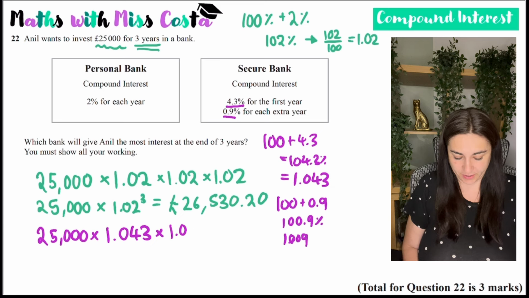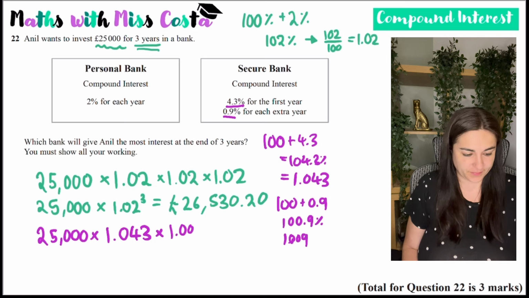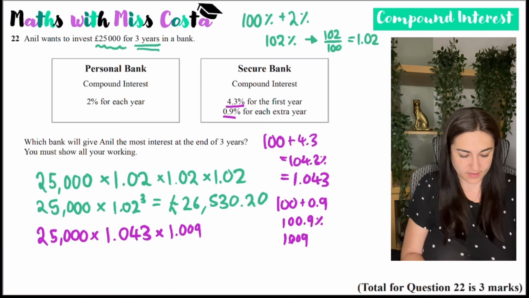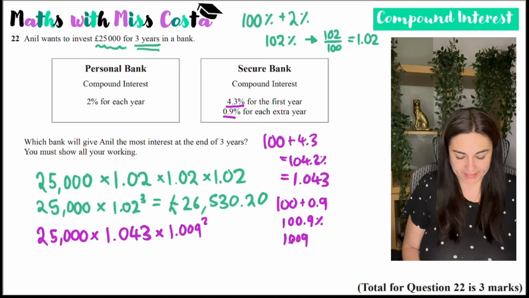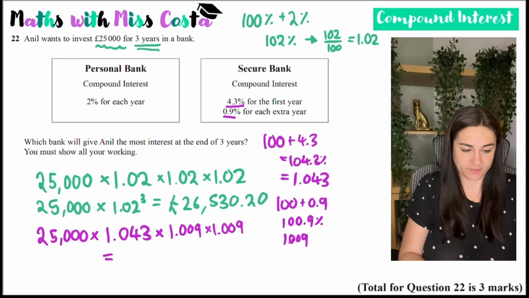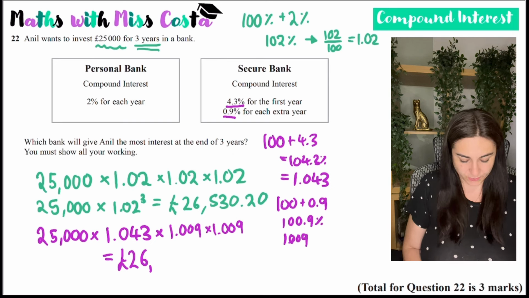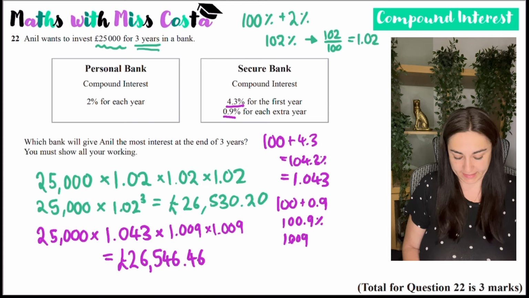So 1.009 to the power of 2, because it's 2 years, or I could write it as times 1.009 times by 1.009, and that gives me, so 25,000 times by 1.043 times by 1.009 squared is £26,546. I'm just going to round it to 46 pence.